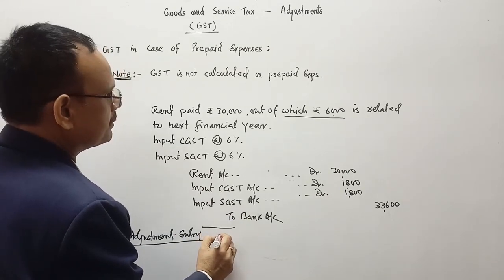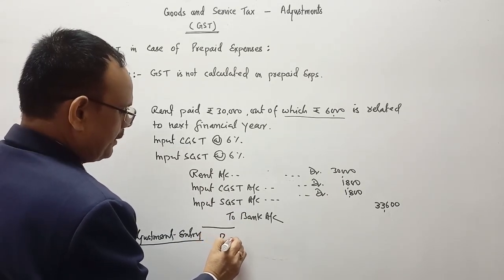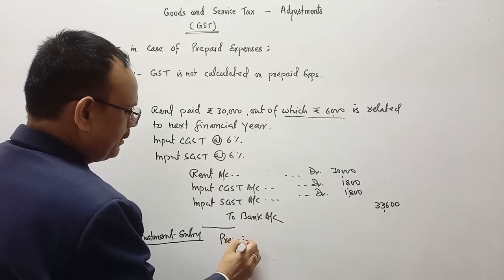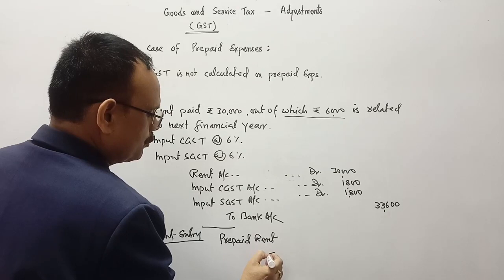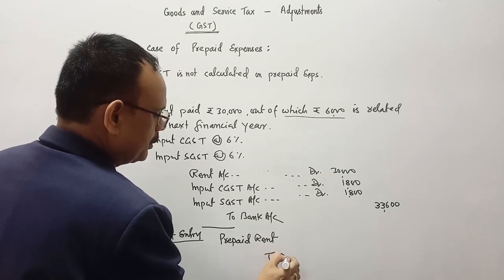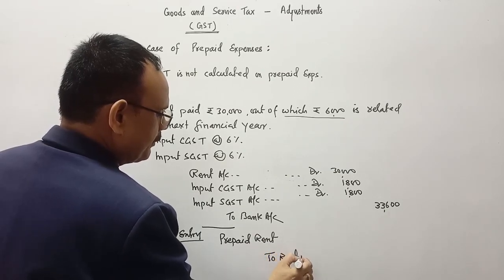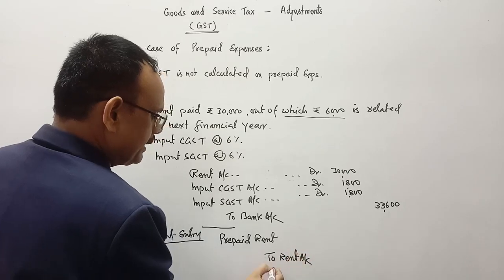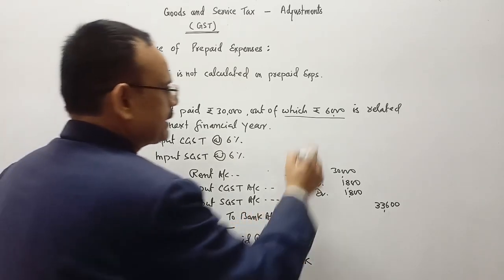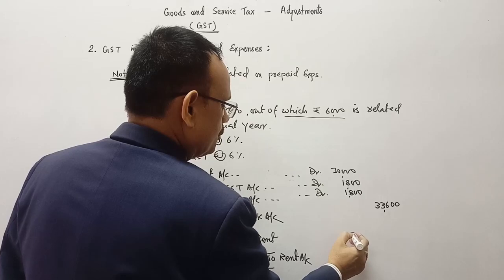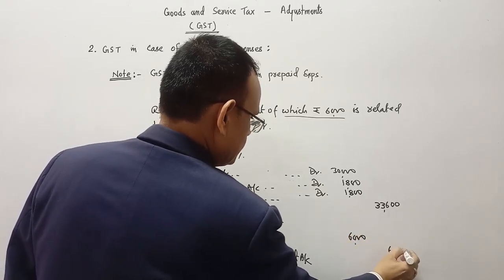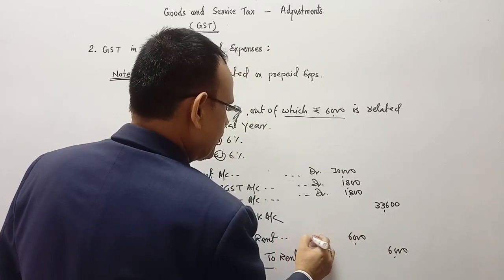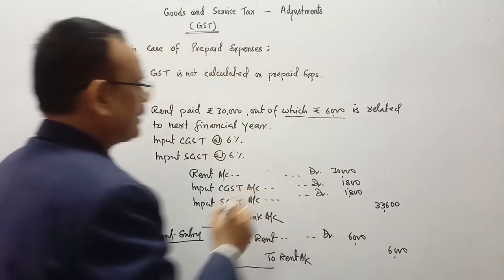Prepaid rent account debit to rent account, that is 6,000. This we will do in adjustment.